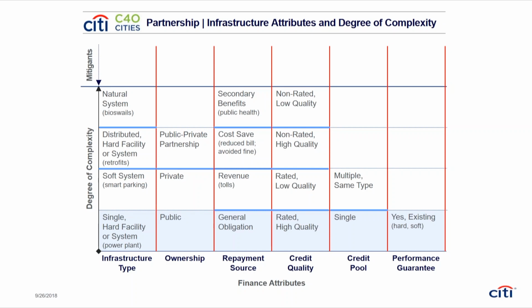That would be multiple same type. Multiple of different type would be a basket of borrowers who are all different types of borrowers: households, small businesses, municipalities. So kind of a mishmash of borrowers.